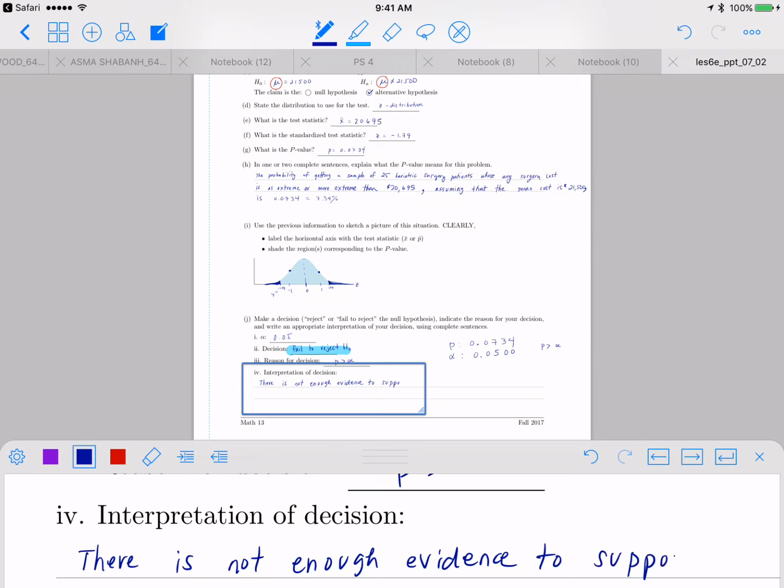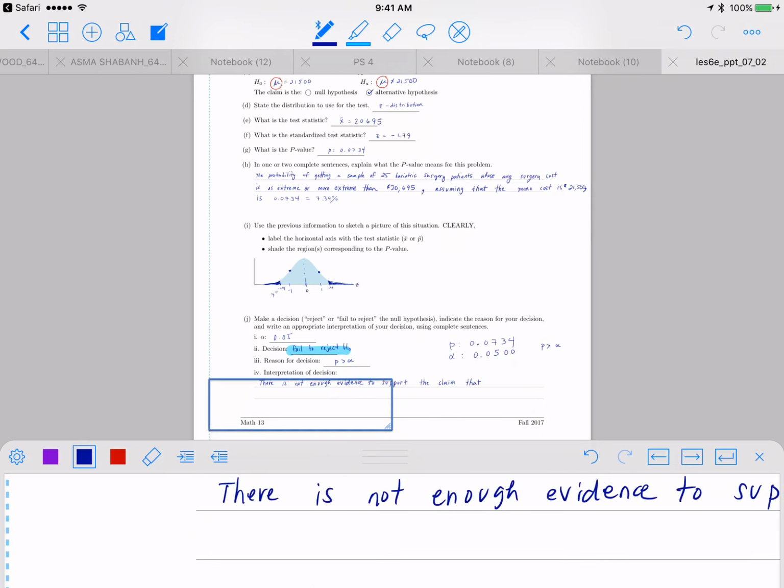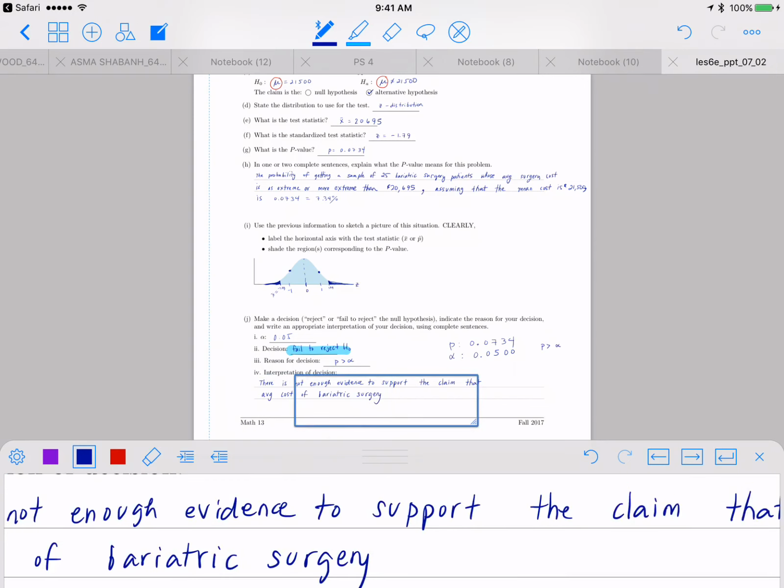Not to reject, sorry, to support the claim that the average cost of bariatric surgery is different.